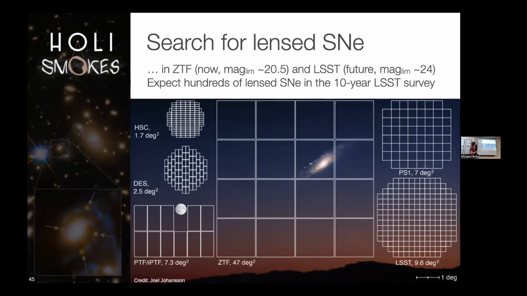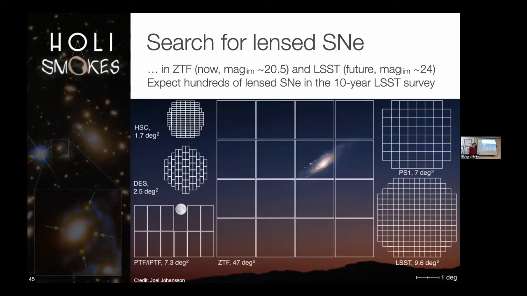And at the moment, we are mostly making use of the Zwicky Transient Facility as a feeder survey. ZTF is on a small telescope and has a camera with an enormous field of view, 47 square degrees. This is the size of the full moon camera.